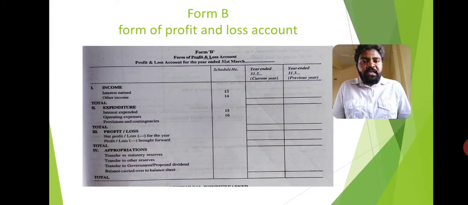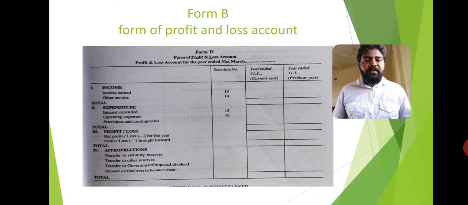As per the accounting provisions for banking companies, 25% of net profit is to be transferred to statutory reserves. And next, transfer to other reserves. This information we may get in the adjustments of the problem, and that is compulsory to follow.